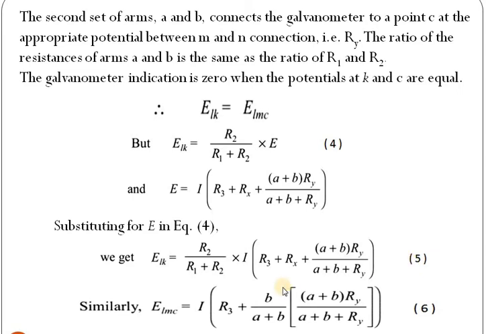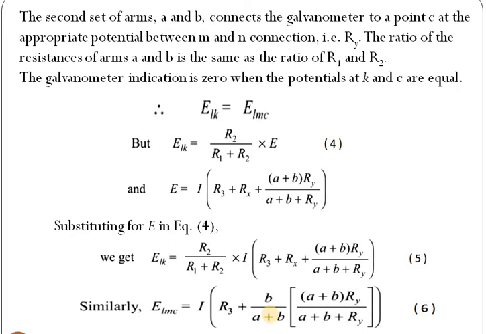Similarly, whenever we consider the E_LMC expression, we get I into R3 plus B divided by A plus B, because for E_LMC we have B into consideration.